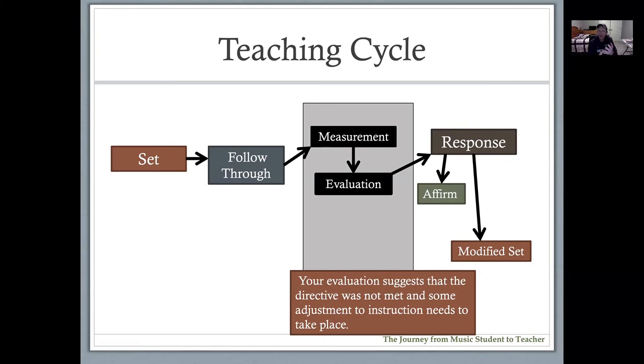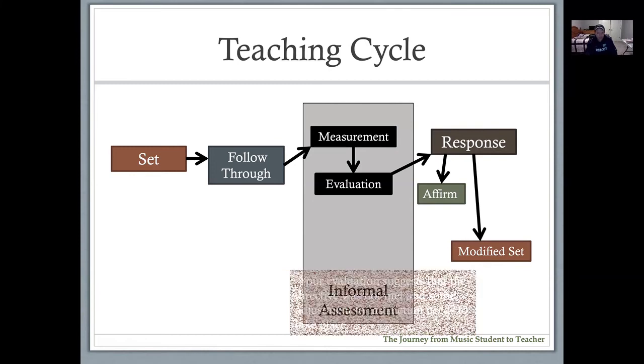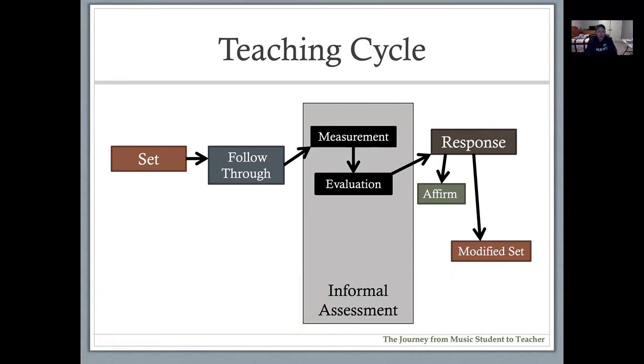Do we need to go back and work on a couple of fundamentals first before we go to that follow through again? Do I need to remind you of a certain concept? But we have to put that together in some way, shape, or form. So we're going to modify the set. Okay, that's one option if the set is not met.